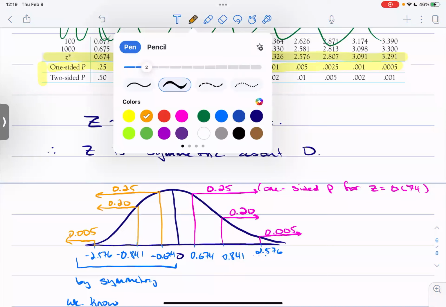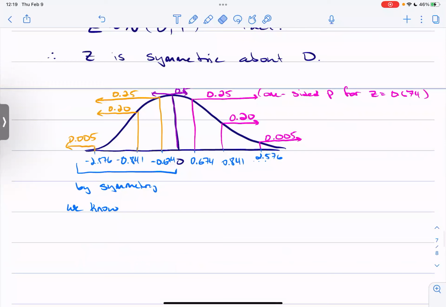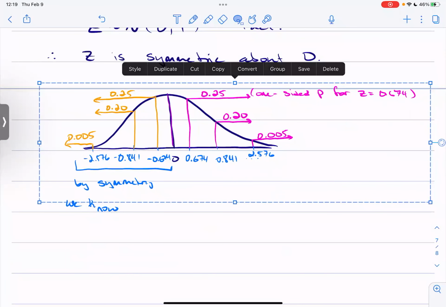And it's not on there, but it is important to remember that the mean splits it in half, which means the area here is 0.5 and 0.5.